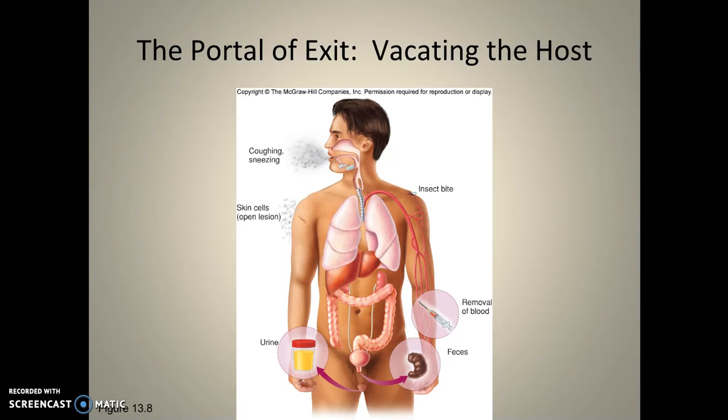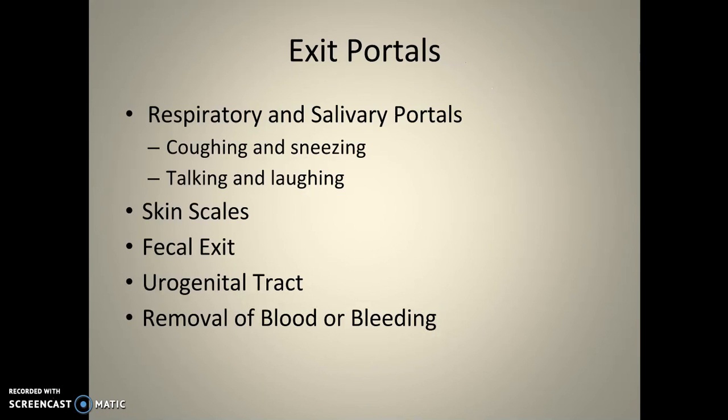I mentioned coughing and sneezing, but it also can be in your urine or in your blood, or in open wounds in your skin, insects, human feces. These are all different ways in which the pathogen could vacate the host and then potentially go find another host.